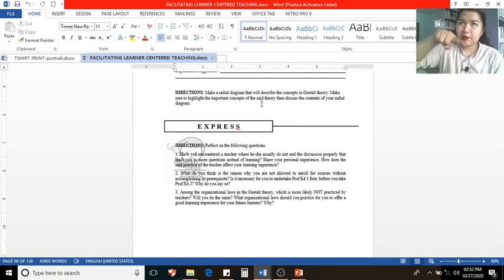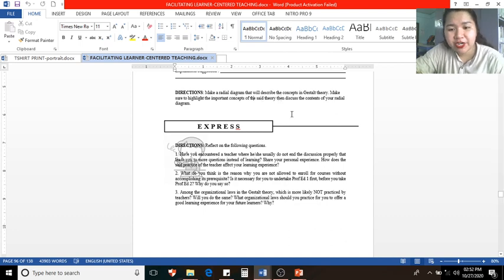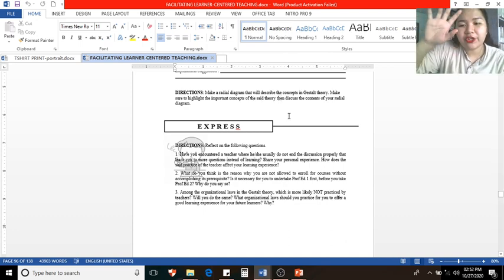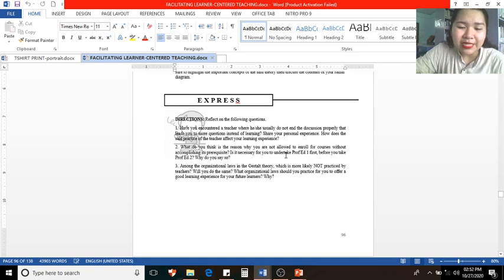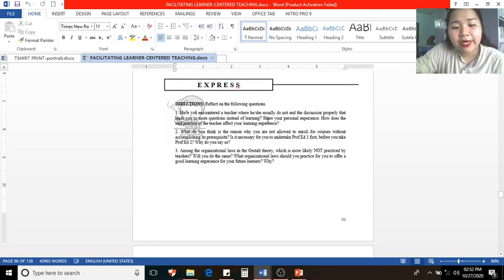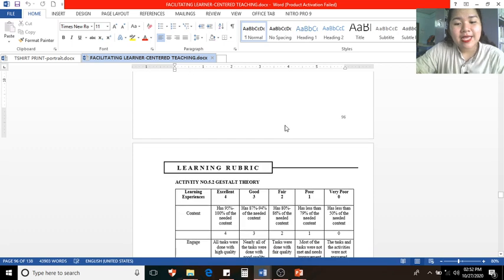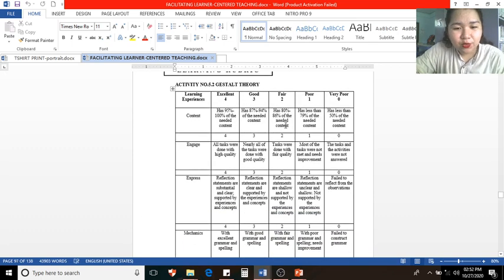Circle sa gitna, then may mga rays siya kung saan doon nyo ilalagay yung mga important highlights na concept ng Gestalt Theory, then discuss yung inyong radial diagram. And of course, in the part of express, you are to reflect on the following questions. And still, be guided with the learning rubric for this lesson.